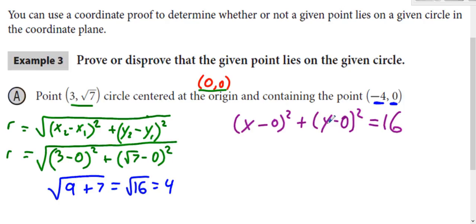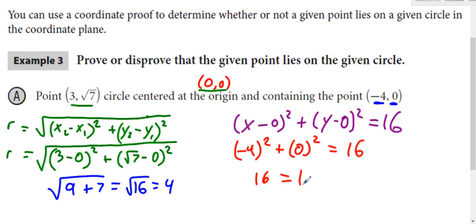Essentially, you're just seeing if from 0, 0 to the first point has the same radius as 0, 0 to this other point. So plug in negative 4, plug in 0, check to see if that's true. Negative 4 squared is 16 plus 0.